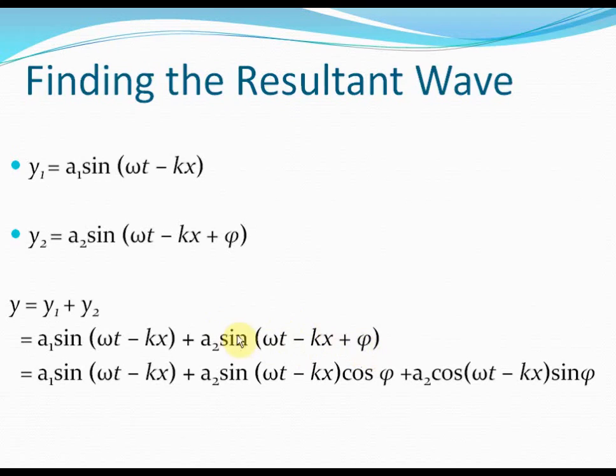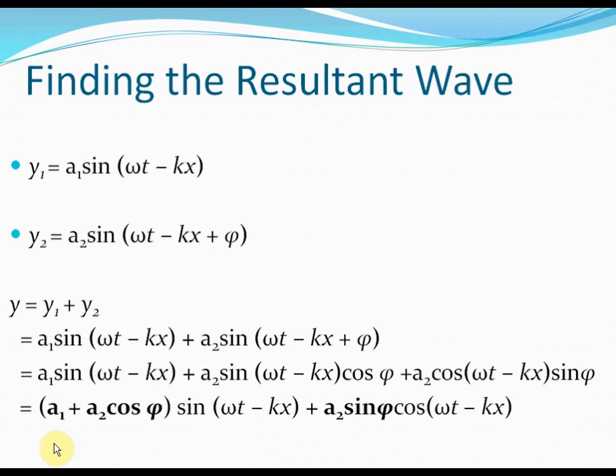So this expression can be written as sin(omega t minus kx) cos phi plus cos(omega t minus kx) sin phi. And that gives us the equation y equal to (a1 plus a2 cos phi) sin(omega t minus kx) plus a2 sin phi cos(omega t minus kx).